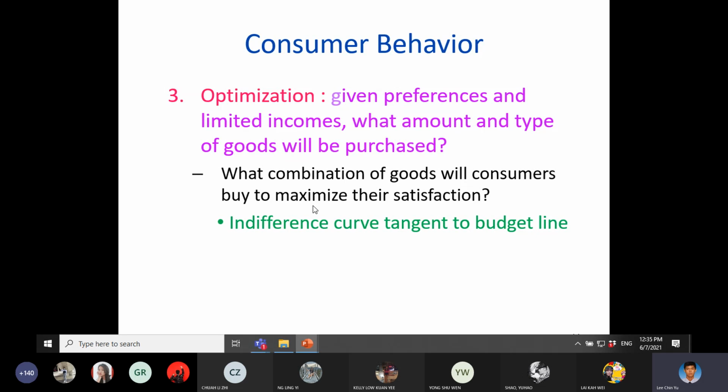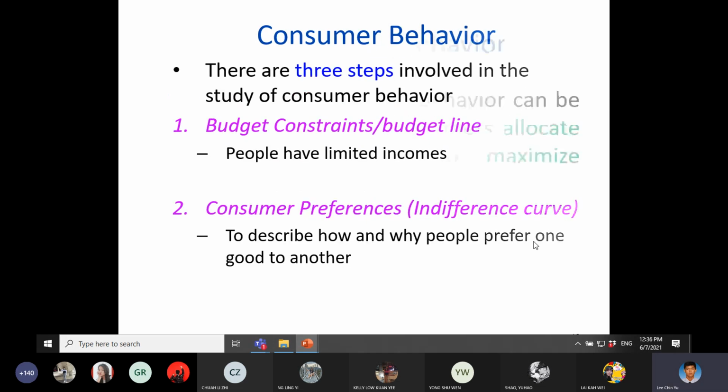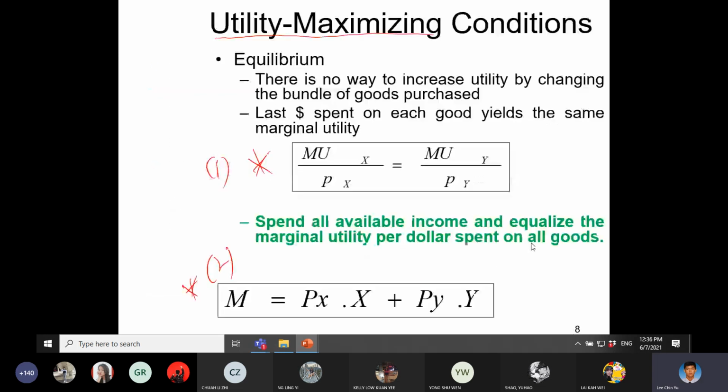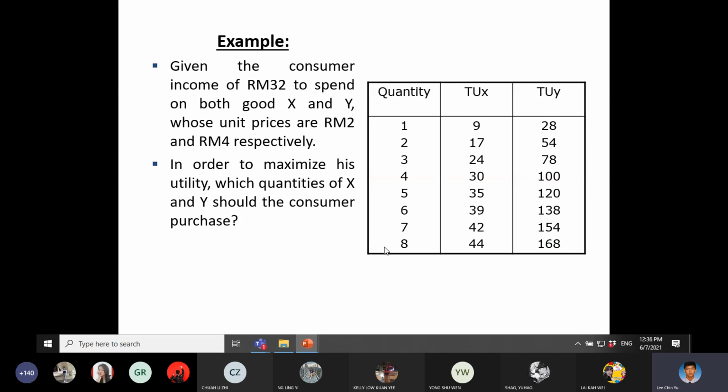In this case, the indifference curve must be tangent to the budget line. Later on we will go through this again. If the indifference curve is tangent to the budget line, it means we fulfill the 2 conditions, just in a different way.